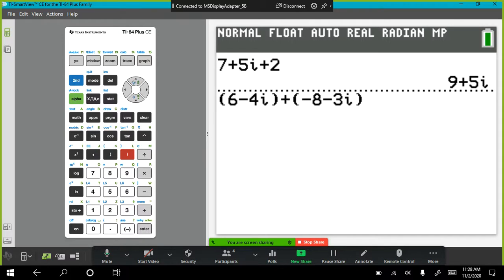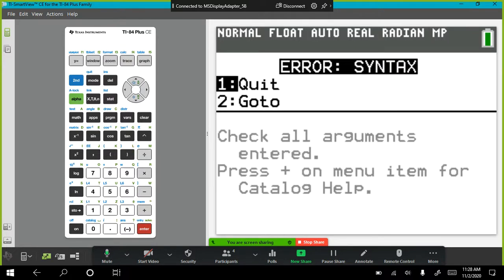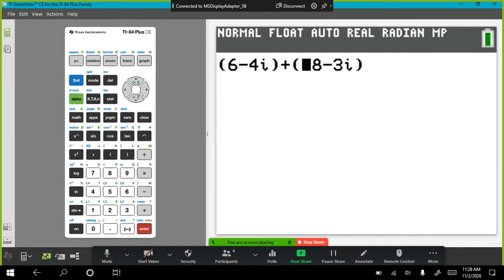That's going to be 6 plus a -8, which is going to be -2, and -4 plus a -3 is going to be -7i. When I hit enter, these calculators, oh, what happened? Let's see what I did wrong. Oh, that's a negative. That should be a negative instead of a minus.